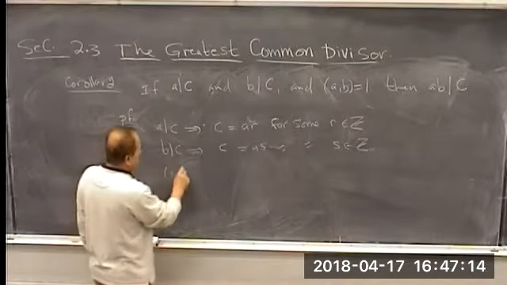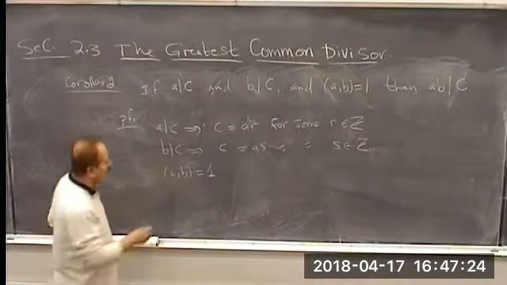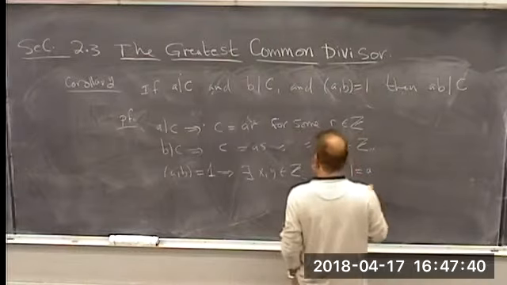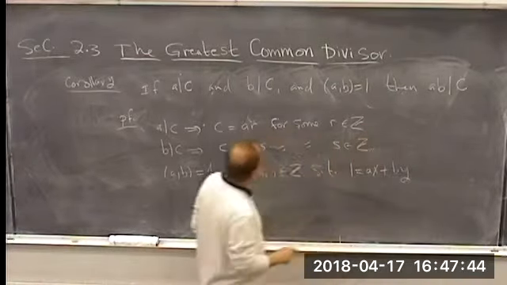In fact, almost as a rule, whenever you are given the greatest common divisor of two integers equal to 1, you're going to be using this Bezout lemma, which says that there exist x, y in Z such that 1 is equal to ax plus by. Now we're going to multiply this by C, so this would imply that C is equal to acx plus bcy.